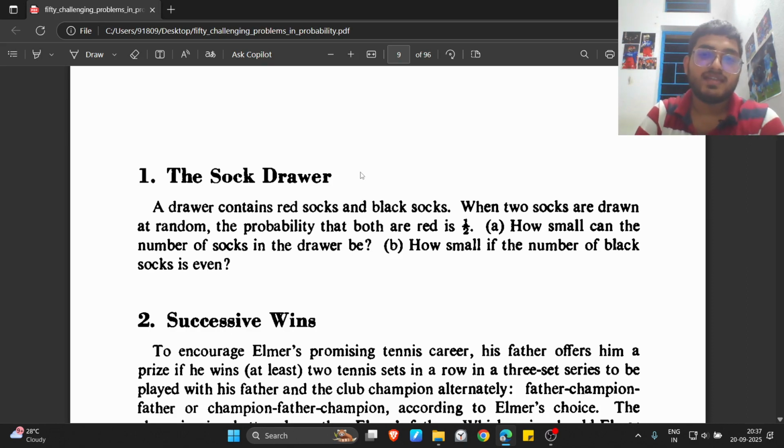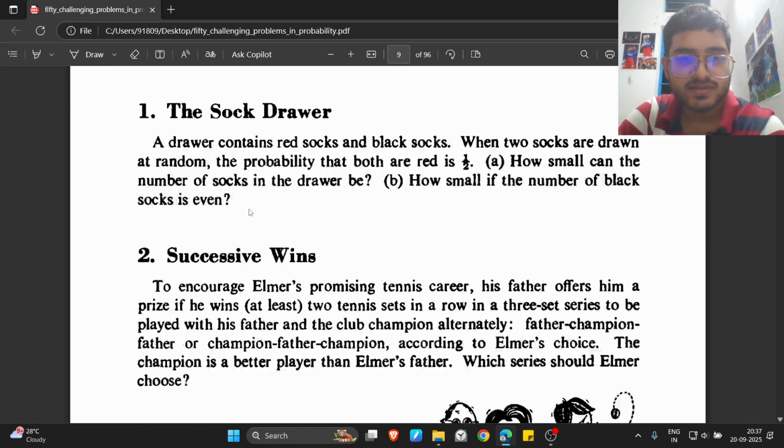Let's say we start with the possible number of red balls and black balls: 0, b1, b2, b3, 4, 5, 6. So here we can get how small the number of socks can be. And if the number of black balls is even, then 0, 2, 4, 6. This can be one of the possible methods. This is the way I've solved it, and you can also try this out.